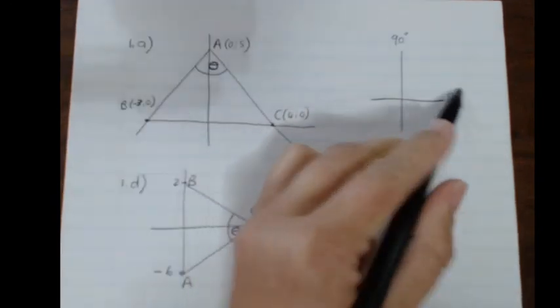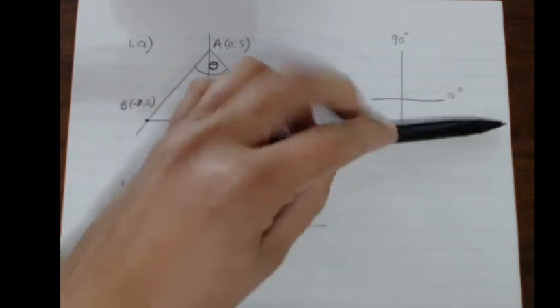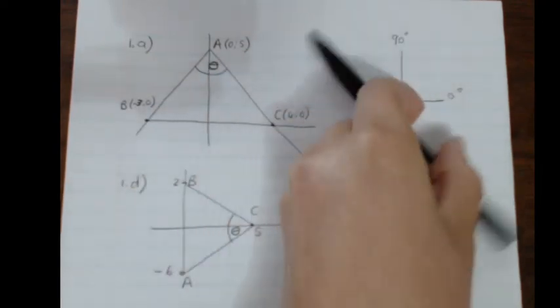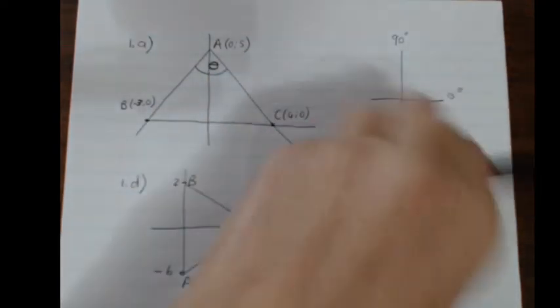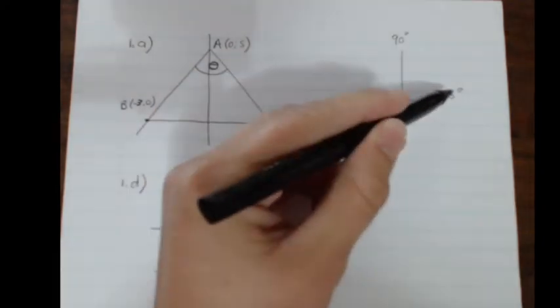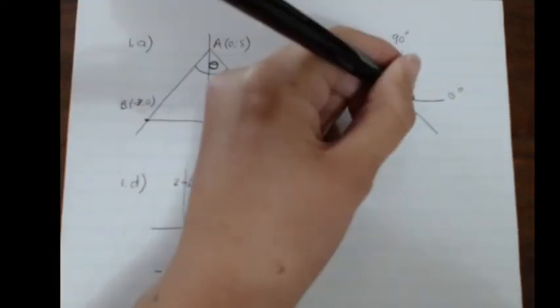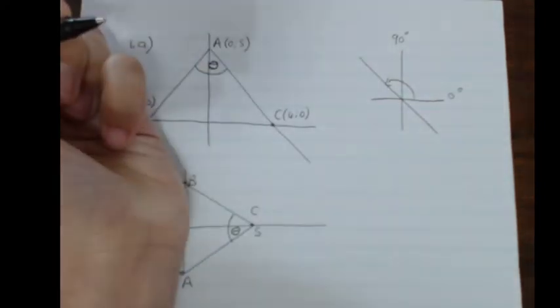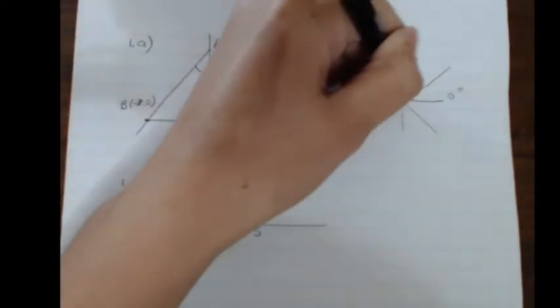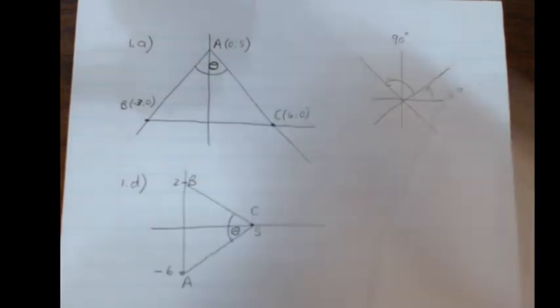There is your 0, and then in that direction 90, 180, it grows bigger. So if I have a line there, the angle of inclination is that. If I have a line there, the angle of inclination is that.